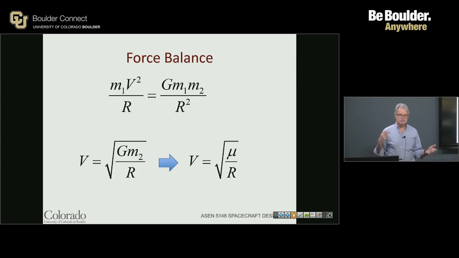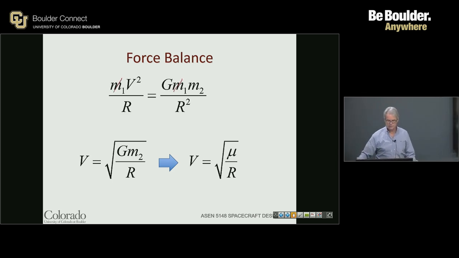If we match the force created by the speed of the satellite to the gravitational attraction provided by the body that the spacecraft is orbiting around, we can solve quite easily for the answer. You'll notice right away that the mass m1, which in this case is the mass of the spacecraft, drops out, and we're just left with an expression where velocity equals the square root of GM divided by r.